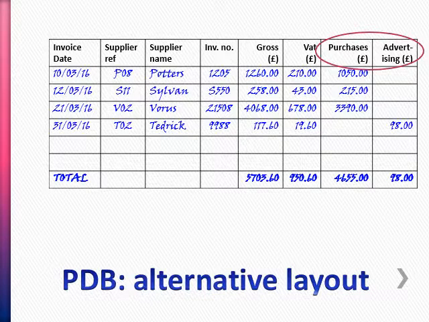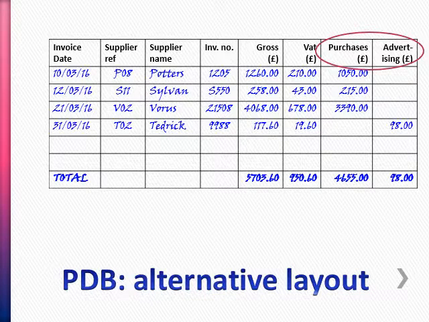But if we have different types of suppliers, some supplying one type of service, another supplier supplying us with goods and so on, we can have different columns for the different types of goods or services being received and purchased.